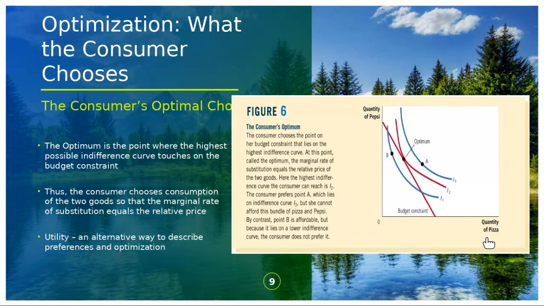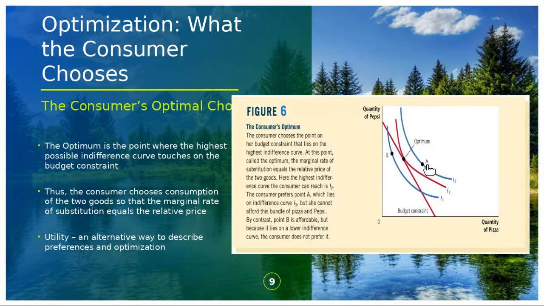So if you remember, we said that in our example, the relative price of Pepsi to pizza is 5 to 1. 5 Pepsis equal 1 pizza. So the marginal rate of substitution will be the point where the furthest out indifference curve has a slope where someone is willing to give up 5 Pepsis for 1 pizza. In this case, we can look over here and we see that this point is the optimal point.